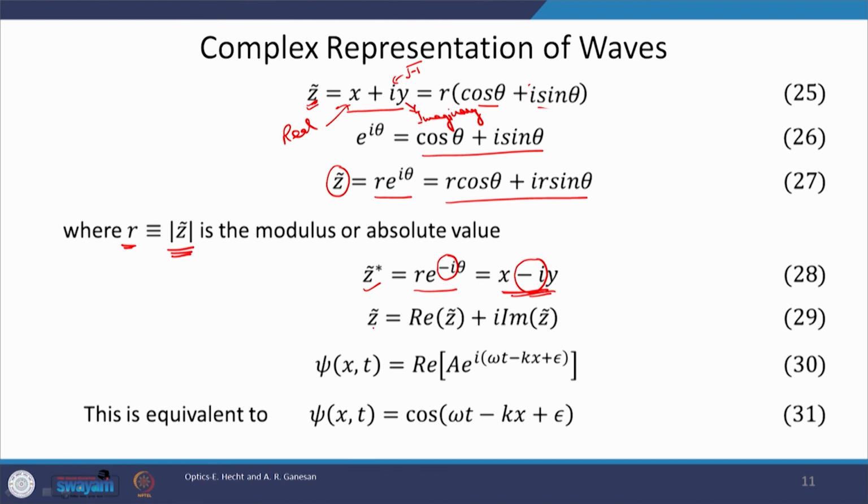Now, z tilde, which is a complex number, as I said before, consists of a real part and an imaginary part. The real part of z tilde is x, and the imaginary part of z tilde is y. With this information, we can write our wave function in complex form.